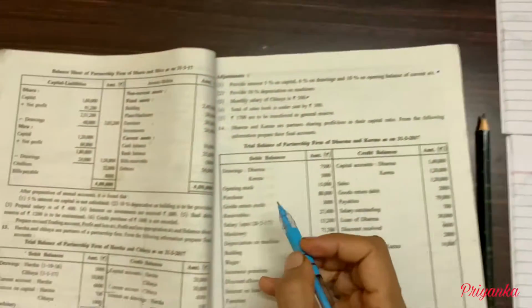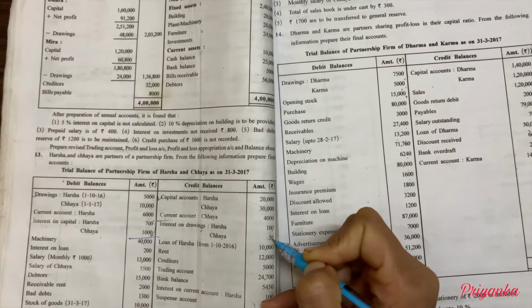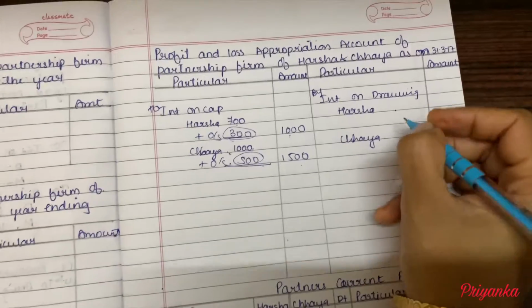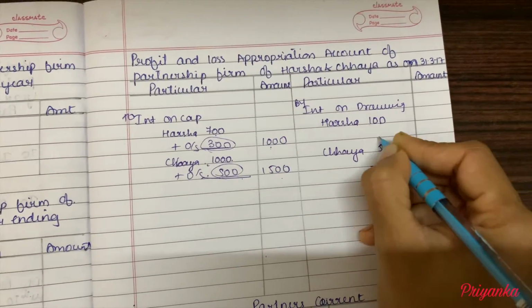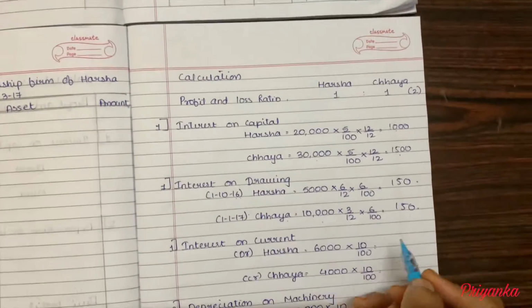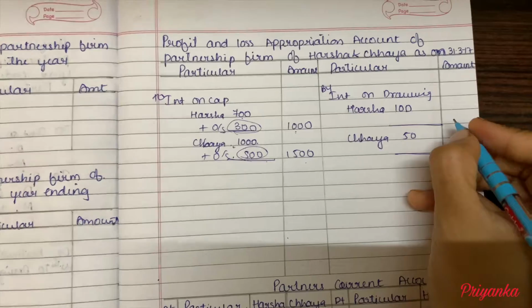First take the amount from the trial balance, that is 100 for Harsha and 50 for Chaya. 100 and 50, and the answer which you found in the calculation, that is 150 for Harsha and 150 for Chaya.